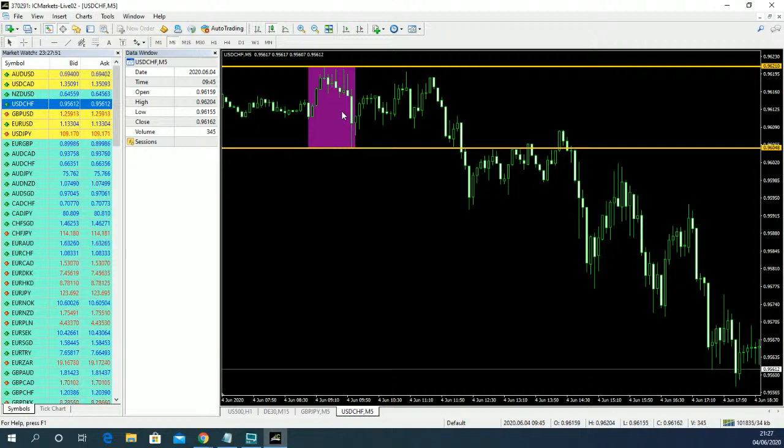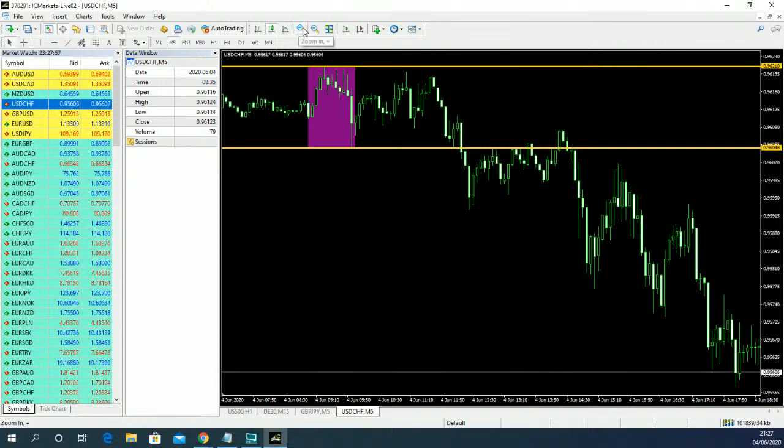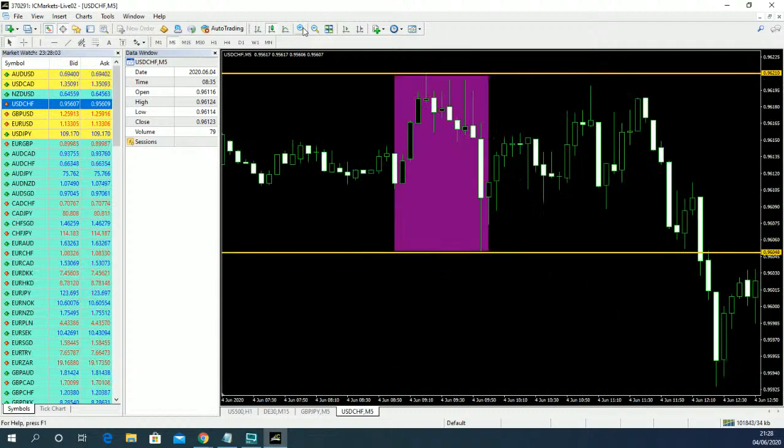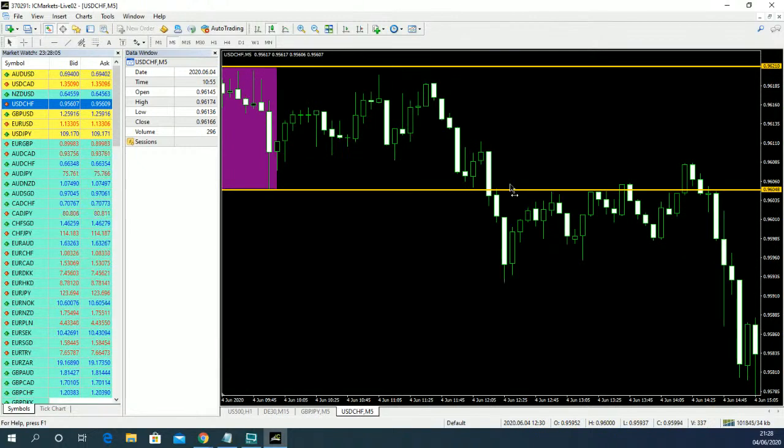So now we have the box. Ladies and gentlemen, get ready for action. Action time. Fingers on the buzzer, please. Okay. So, this is your candle number 1. For the people that are here already, they know what I'm talking about. Candle 1, candle 2, candle 3.